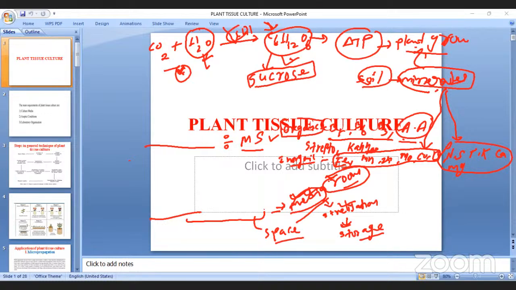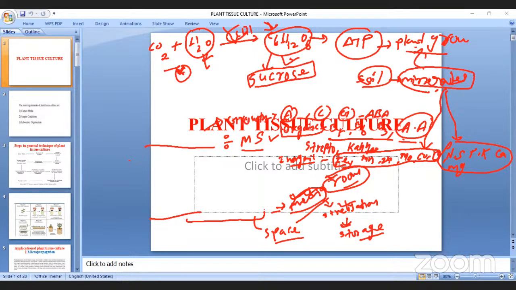And for growing, another important thing is the growth hormones. We should provide growth hormones too. What are the growth hormones here? Auxins, cytokinin, gibberellin, abscisic acid.